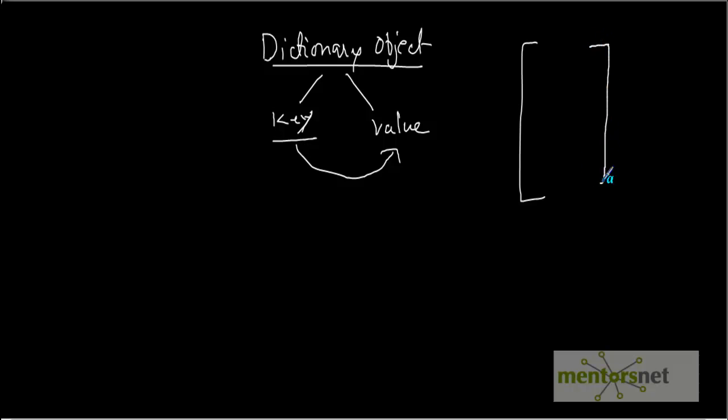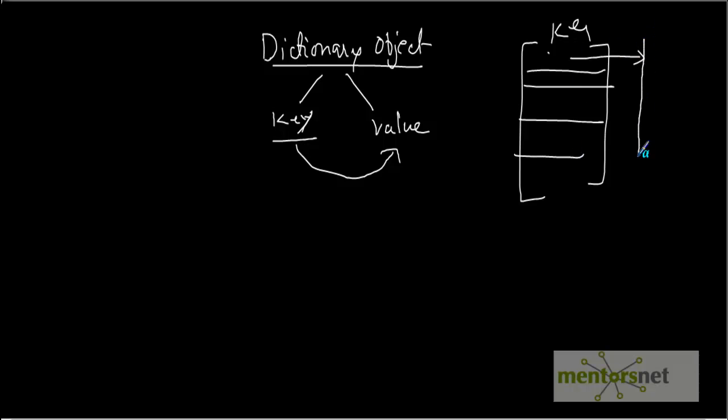Here it is the dictionary and it contains the keys, and within each key there is a value. So it is similar to a two-dimensional array. The only difference between the two-dimensional array and the dictionary object is that in the dictionary object we need not define any size. It will grow as you add to it.